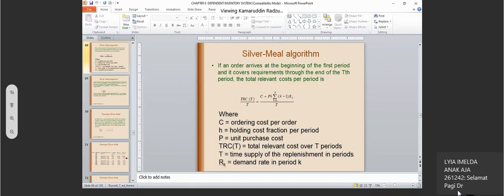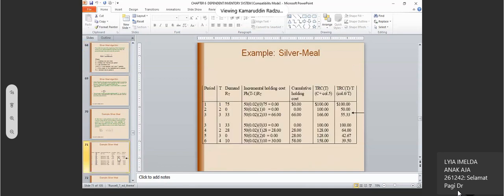T is the time supply of the replenishment period, C is the ordering cost, H is the holding cost fraction, P is the unit price, TRC is the total relevant cost, and RK is the demand rate in period K. So based on this data, we need to develop first the table to analyze the Silver-Meal algorithm.